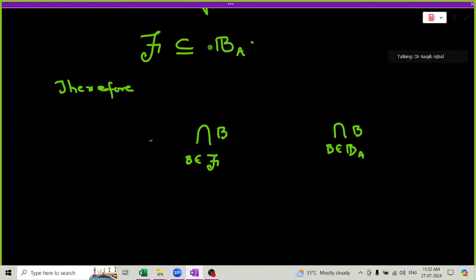So the intersection of all the balls in fancy F will contain the intersection of all the balls in boldface B sub A. But this we know is equal to the cover of A by definition.